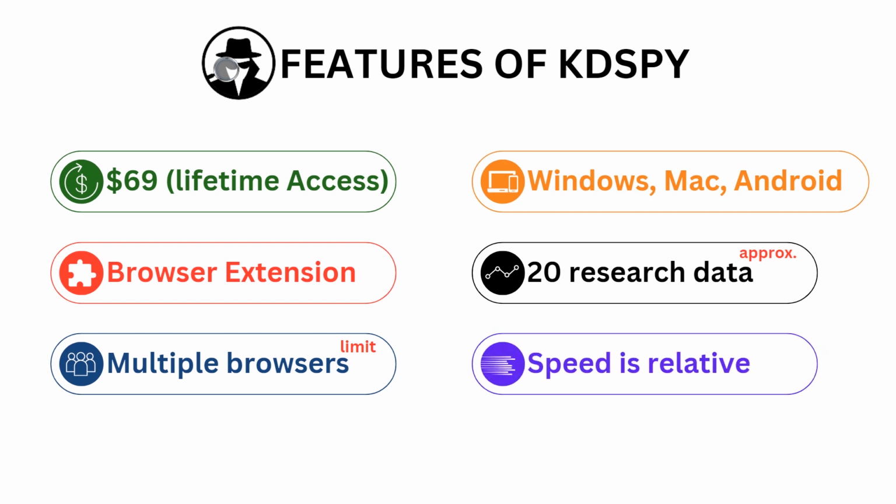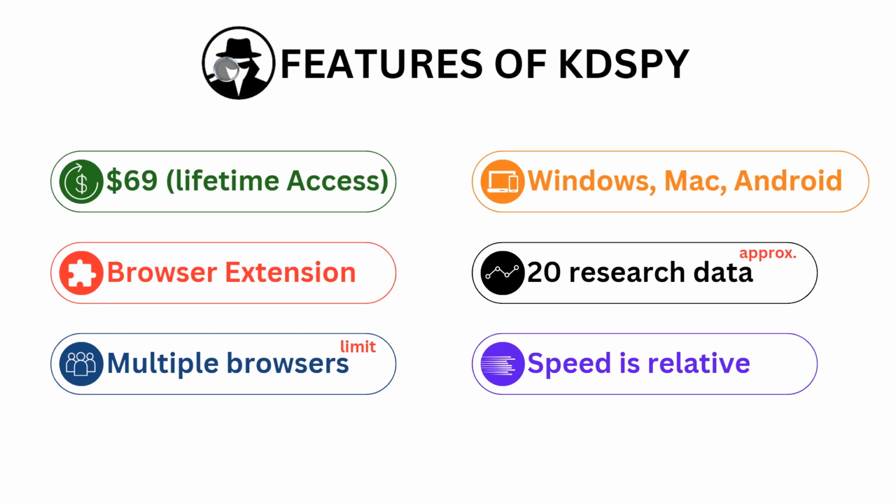When it comes to speed on Kdspy, the speed is relative. That's the best I can say. Your device matters a lot: the size of your phone's RAM, the size of your phone space, your network strength.